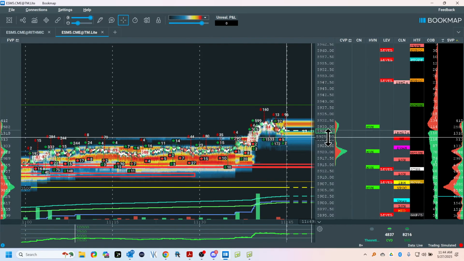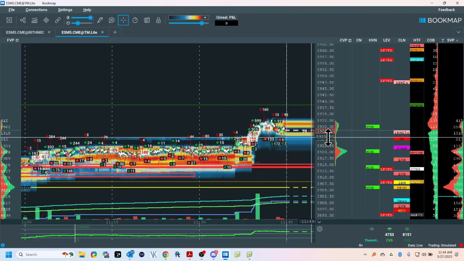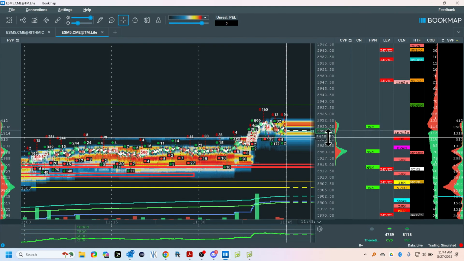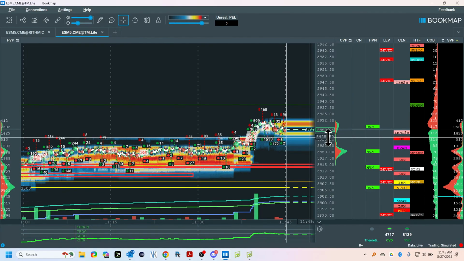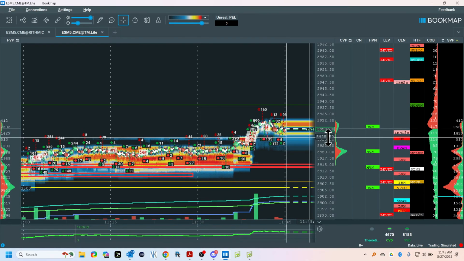Well, the thing is, VPOC migrations are a structured trade in the TraderLab, but today is, I think, more difficult to trade for most traders because the market wasn't waiting around. It was kind of like the bus never slowed down enough. You had to kind of run after it.